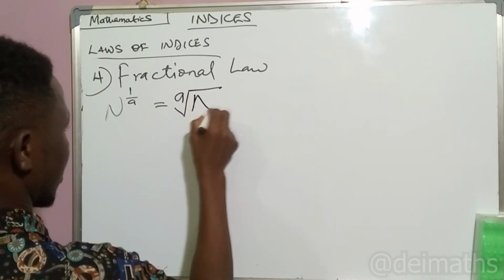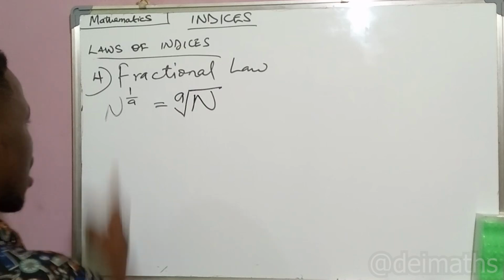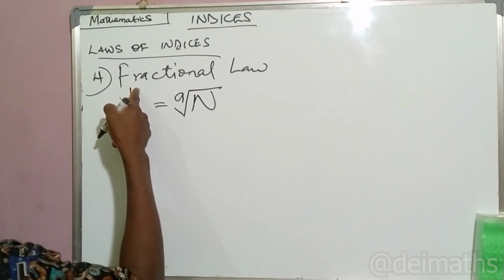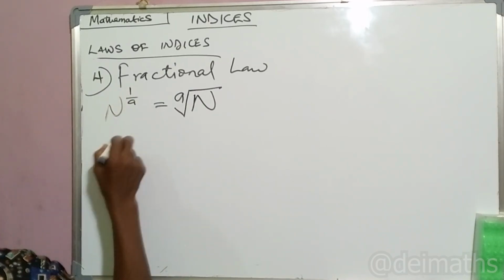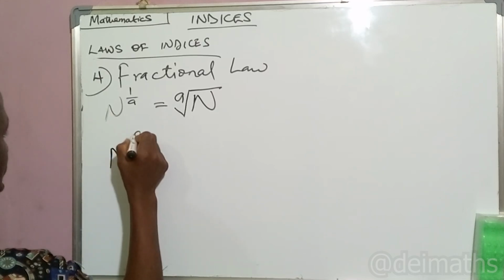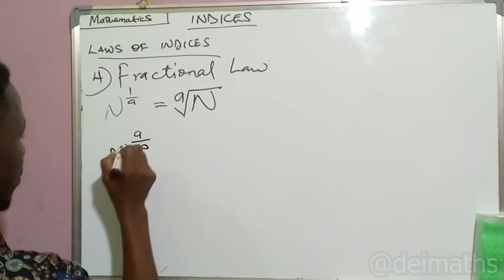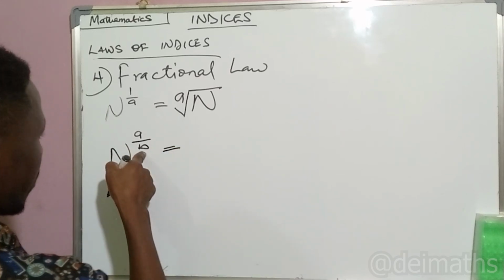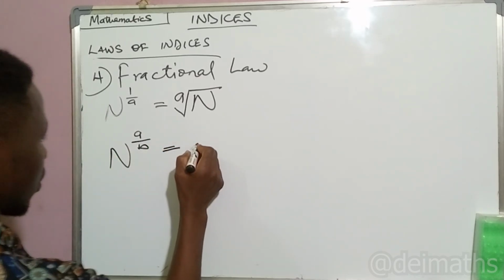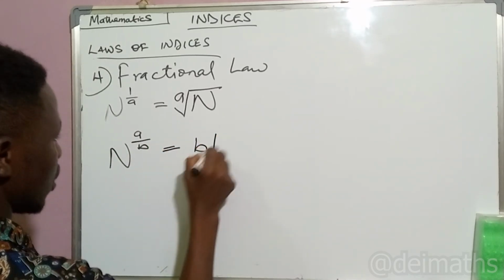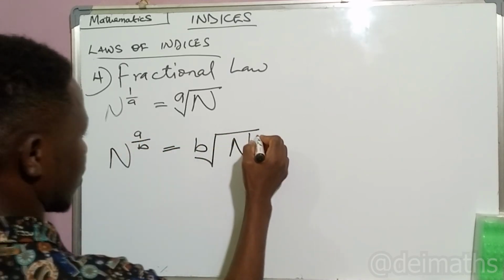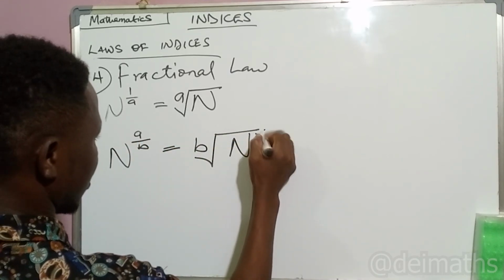And if it is not 1 here, let's say we have a over b, the answer should be the b-th root of n raised to power a, where b is the denominator.